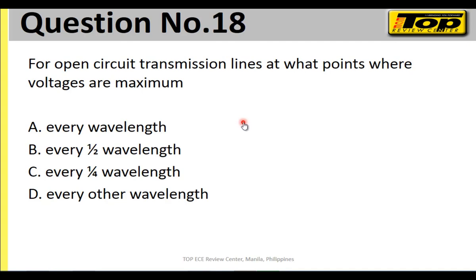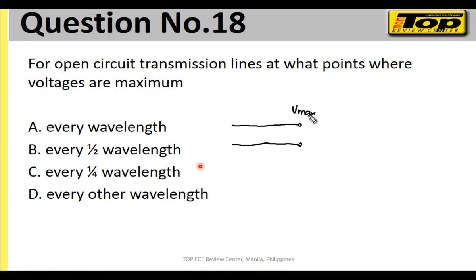Question number 18. For open circuit transmission lines, at what points where voltages are maximum? Every wavelength, every half wavelength, every quarter wavelength, or every other wavelength. Okay. So kanina pinag-usapan natin ito. Ang sabi natin na yung transmission line mo ay pagdating sa dulo, ano raw yung voltage niya of an open circuit transmission line. The voltage here is maximum.